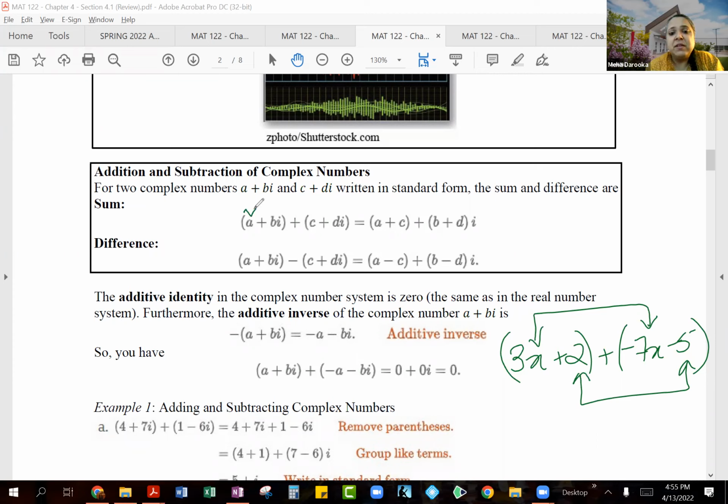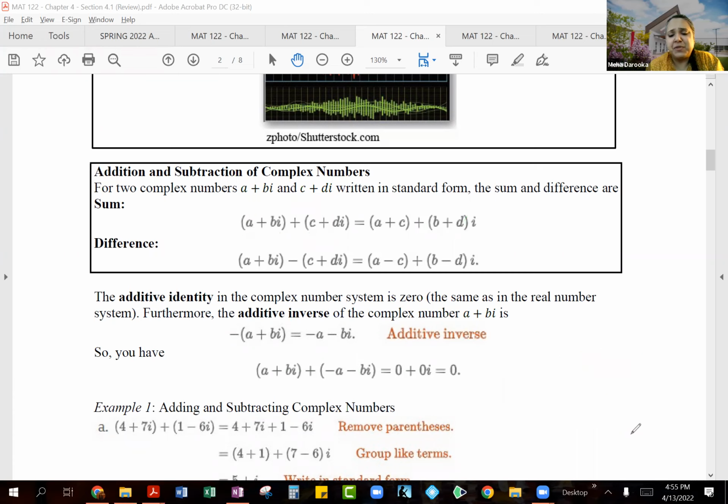So literally, the real number parts will get added together. So the A gets added with C, and then the imaginary parts, right? So the B will get added with the D, and you keep that I as it is. Because think about this. If I add 3x with negative 7x, of course my x would stay the same, and I would do 3 minus 7, which would give me -4. So that would be the same thing that happens here with the imaginary part.